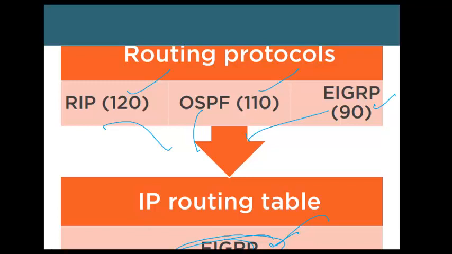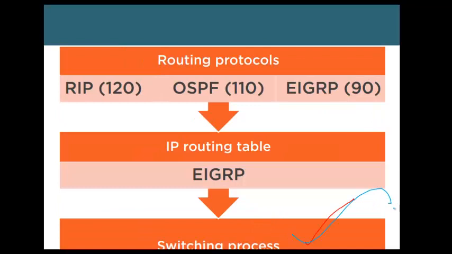IBGP is 200. So now the routing table has got the route from the source whose administrative distance is lower. Again, if there are multiple paths, it is not guaranteed that it will go via the second path or the first path. It is all determined by the switching process.